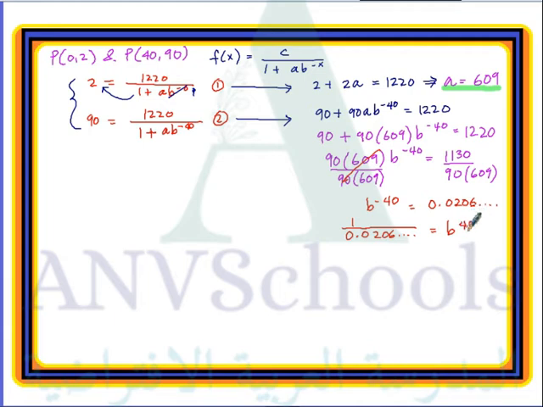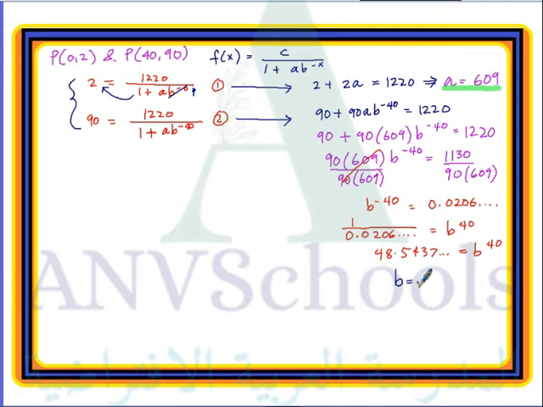And 1 divided by 0.0206 equals 48.5437, which is b to the 40. So therefore my b is equal to the 40th root of our answer.